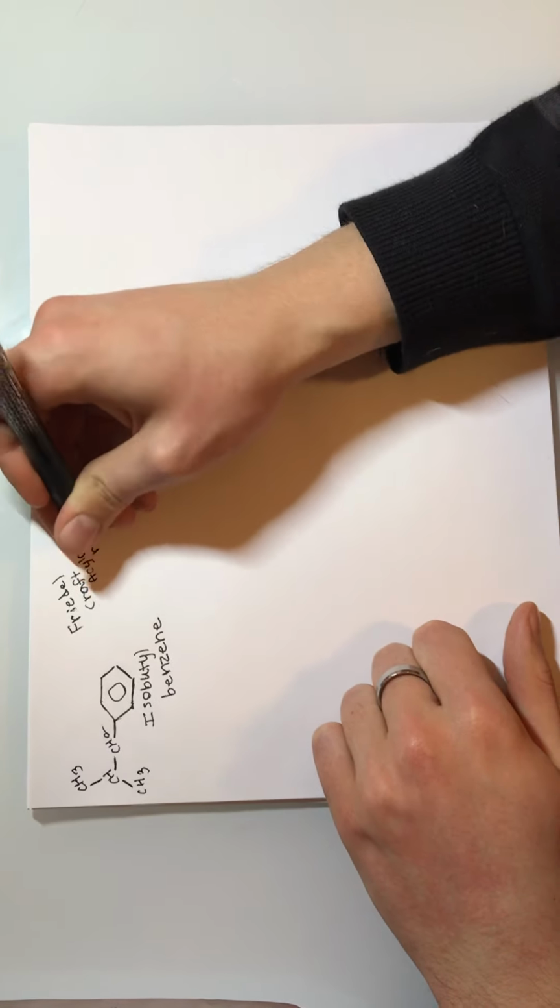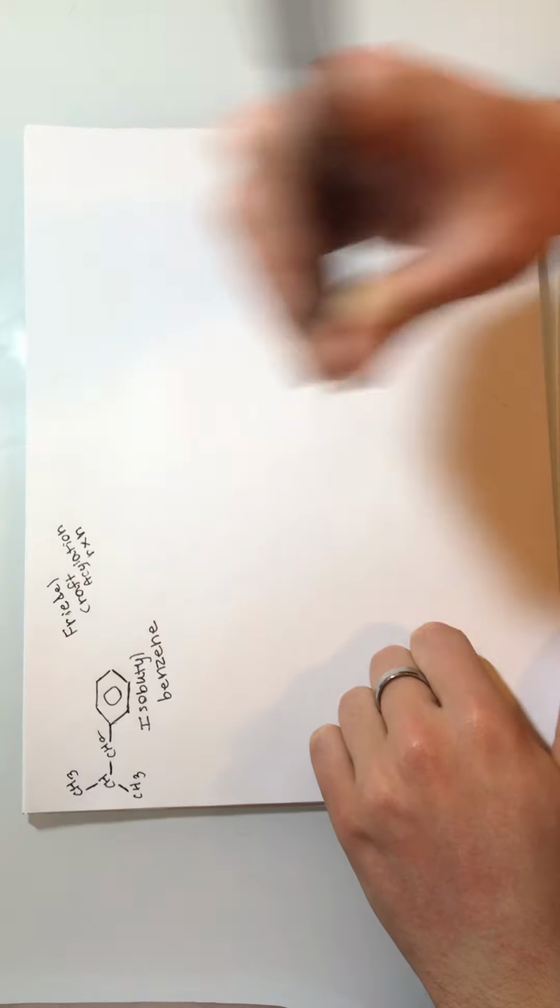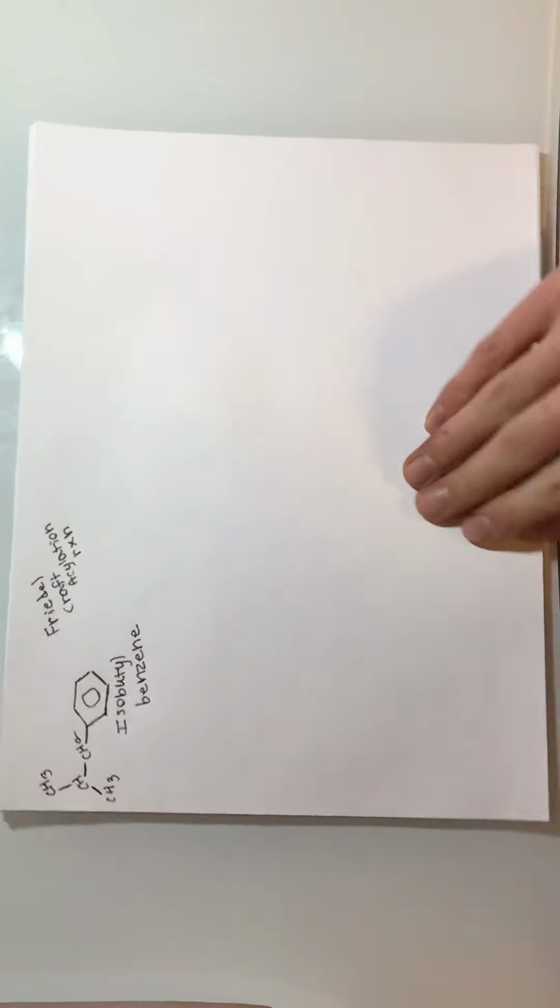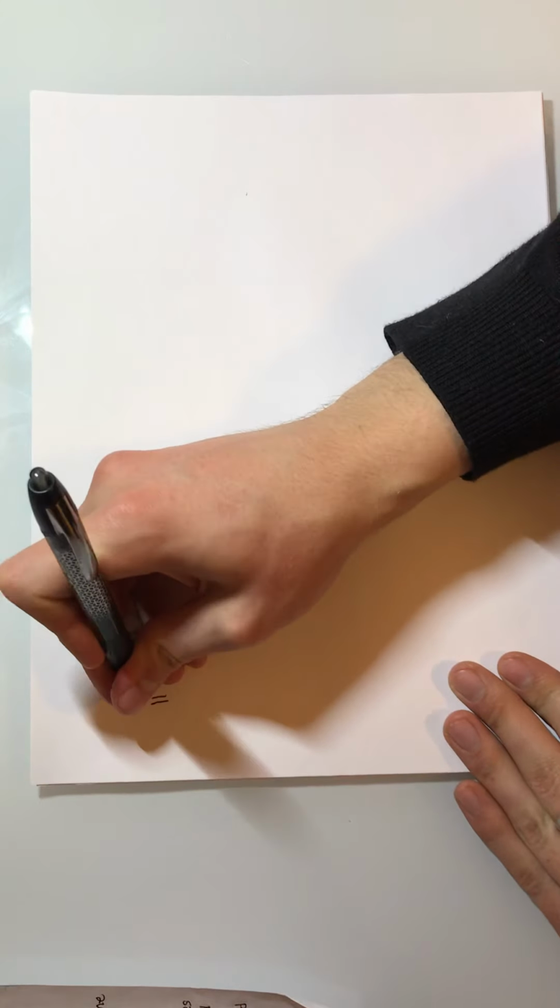Okay, so just to give a little bit of background into the Friedel-Crafts acylation reaction, let's just draw a mechanism here that kind of shows what's going on. So we have a benzene ring, okay?